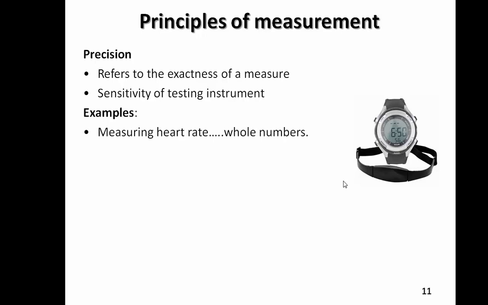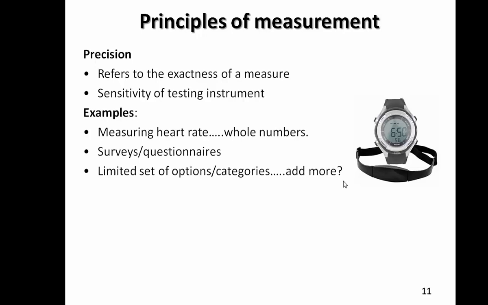Some examples include measuring heart rate, and in this picture to the right-hand side is an electronic heart rate monitor, which is usually provided in whole numbers. If we're using surveys and questionnaires, oftentimes there is a limited set of options or categories, and if the options or categories do not provide enough precision, then more can be added.